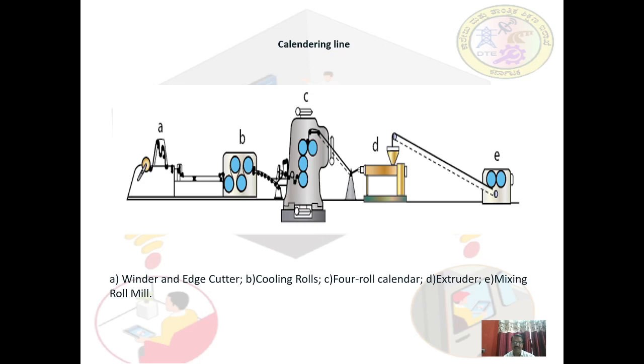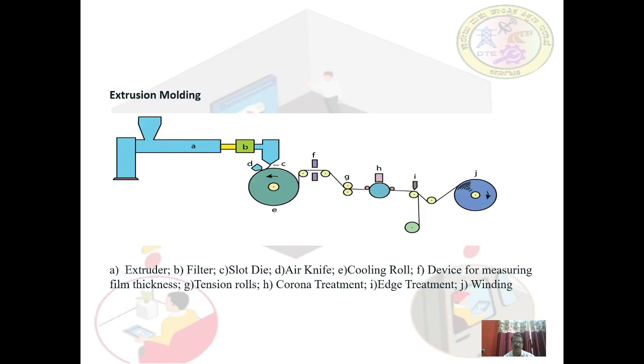Next, we'll discuss extrusion molding. This is the equipment used for extrusion molding. In this method, a wide variety of film thicknesses and large scale processing is possible.